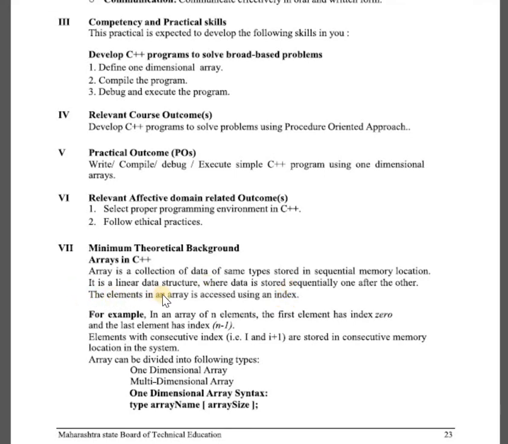And the elements of an array are accessed by using the index. The array syntax consists of the index. The index value is used to access the elements of the array. Let's take the example.